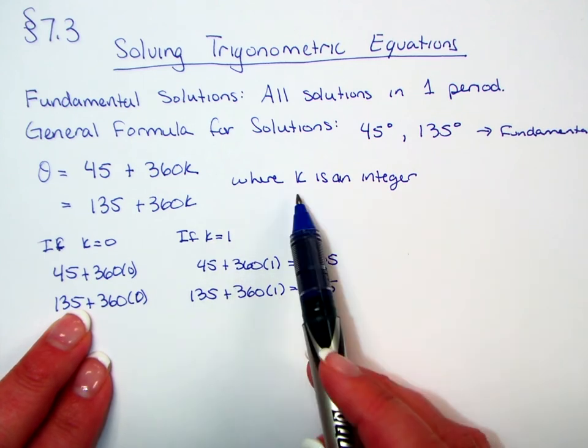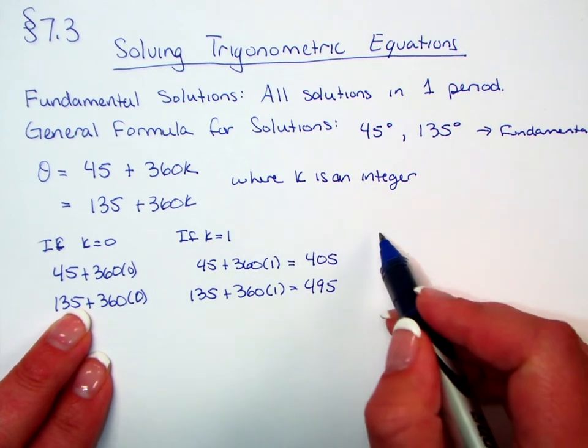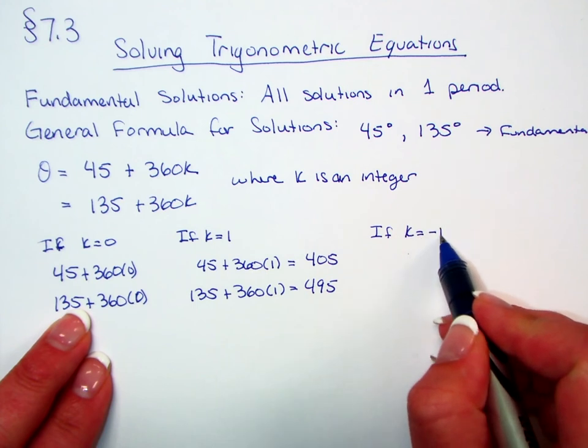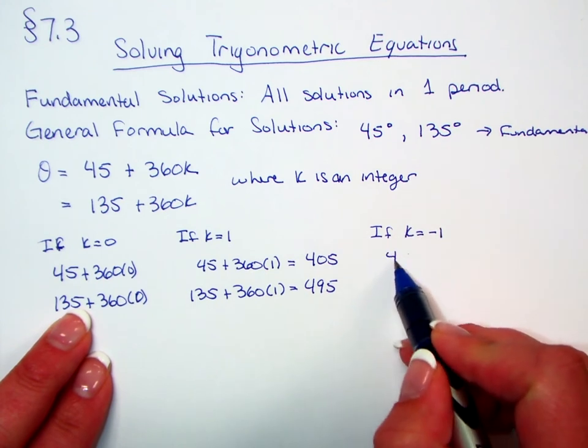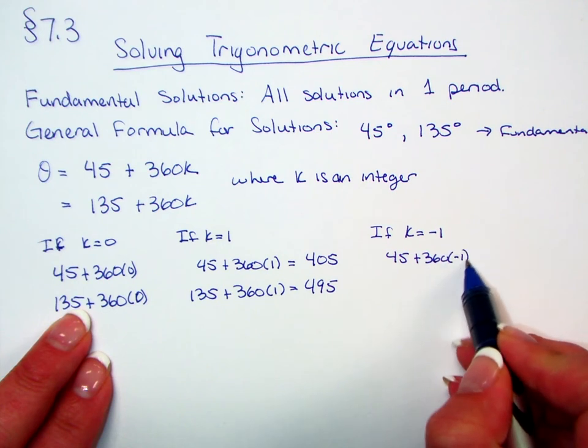Now, since k can be an integer, and integers are both positive and negative, I just want to show you if k equals -1. That means we're going to have solutions 45 plus 360 times -1.